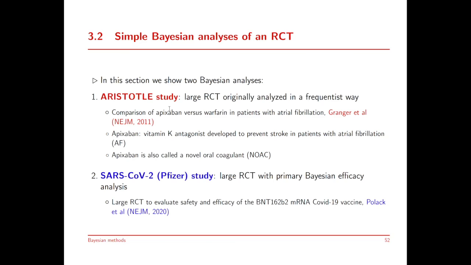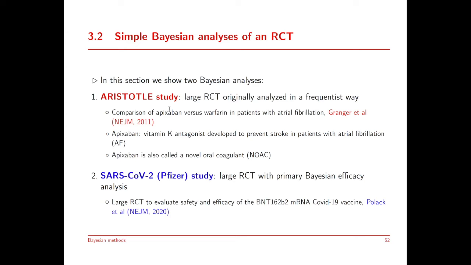Here's an illustration of some simple Bayesian analysis of a randomized controlled trial, just to fix the ideas. The first is a study that was done some years ago, the Aristotle study. It's a large randomized controlled trial, originally analyzed in a frequentist way, and it is a comparison of apixaban versus warfarin in patients with atrial fibrillation.